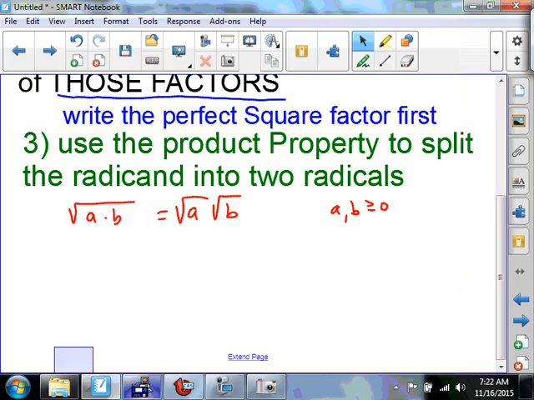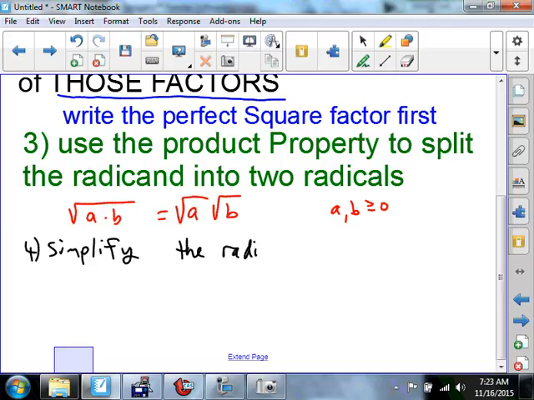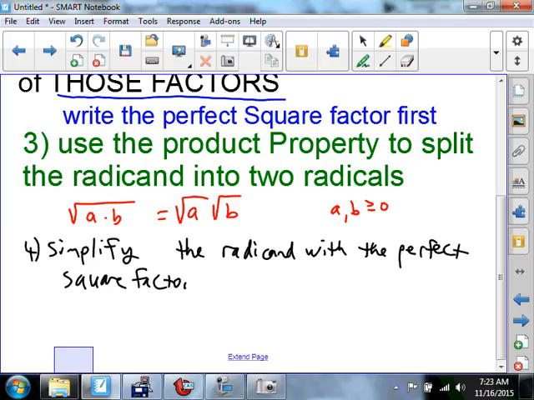So the fourth and final step is to simplify. What I mean by that is the radicand with the perfect square factor just becomes an integer, or a whole number if you want to think of it that way.